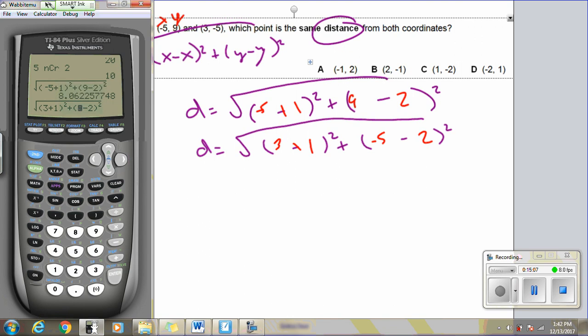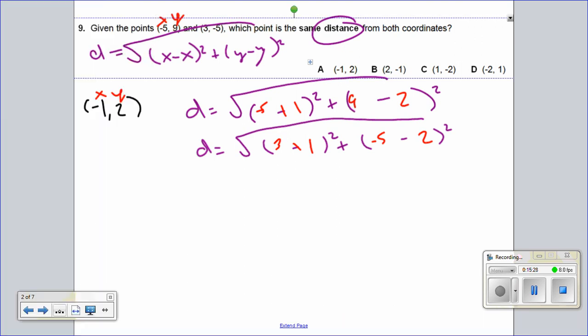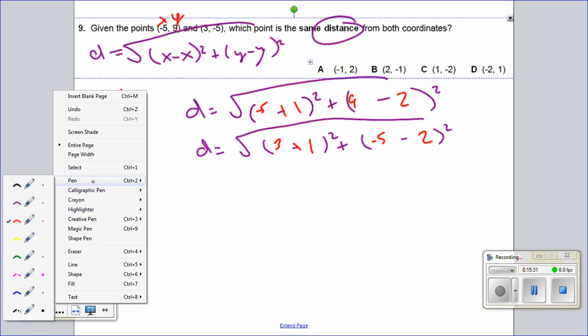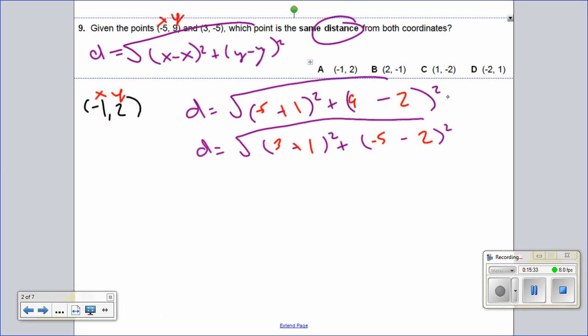I need a negative sign, and then I need to insert, second, delete, insert a 5 so that I don't overwrite everything I've already typed. Now hit enter again, and notice my distance is the same. It's about 8.1. So A is the correct answer to this problem. Since the distances are about 8.1 in both cases, A will have the same distance to each point.